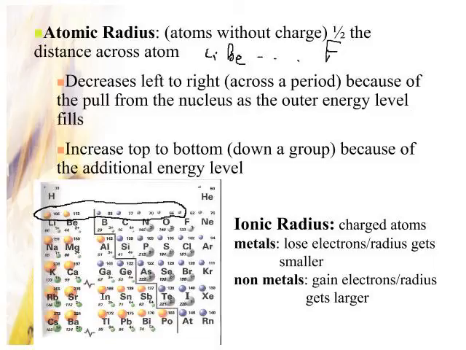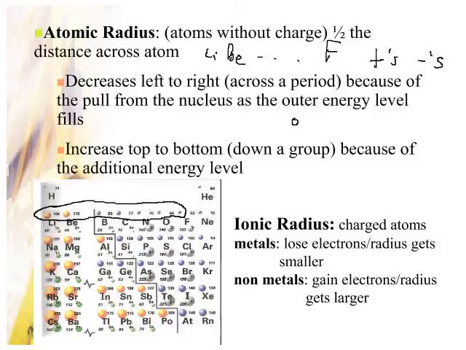That's because as you go from lithium to beryllium, to boron, etc., you are adding protons, and as you add protons, you're also adding electrons. We know from magnets that positives and negatives attract each other, so as we go across, it ends up being a smaller, tighter pull because those positives and negatives are coming closer and closer together.